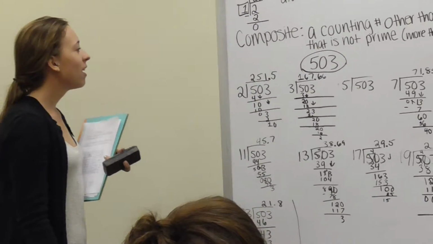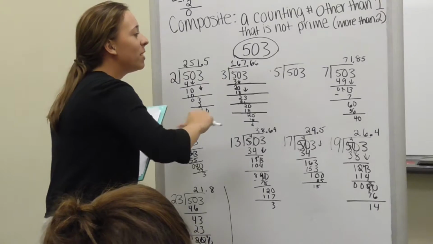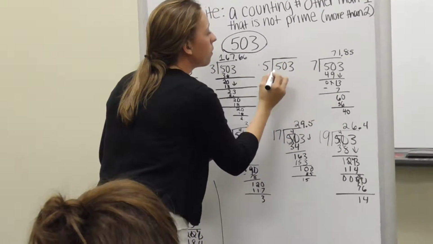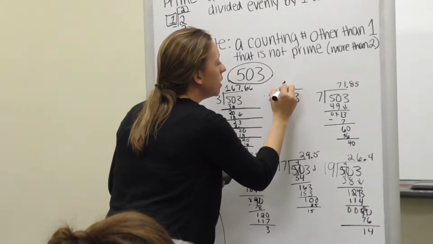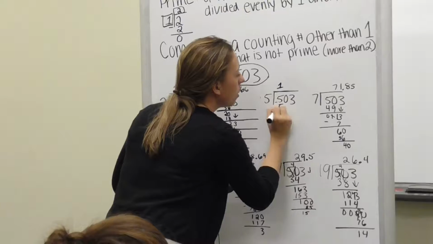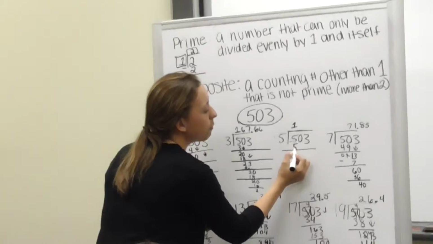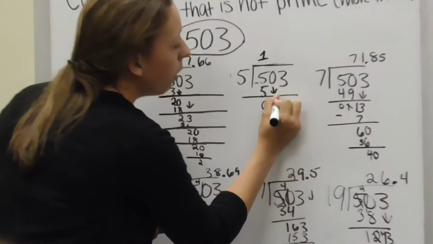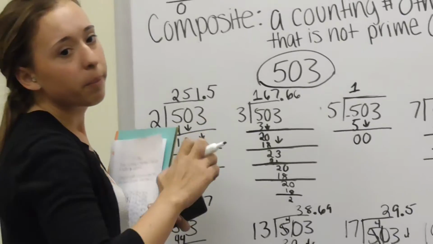So I'm going to explain how we divided 503 by 5. 5 goes into 5 one time, and 5 times 1 is 5. When we subtract, 5 minus 5 is 0, and then we bring down the following number, which is 0. Now, can 5 go into 0?